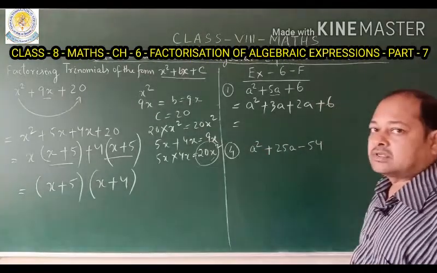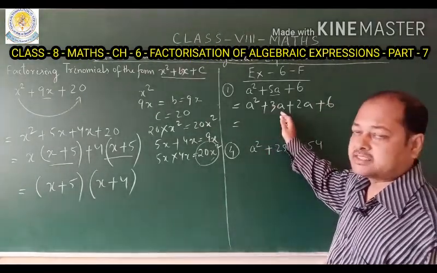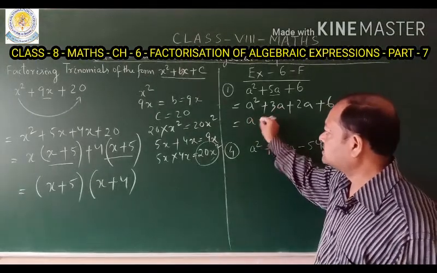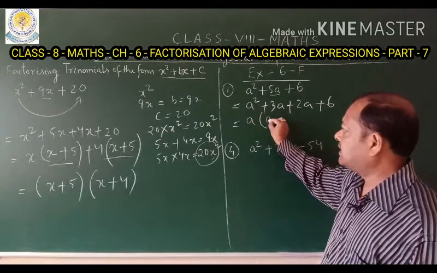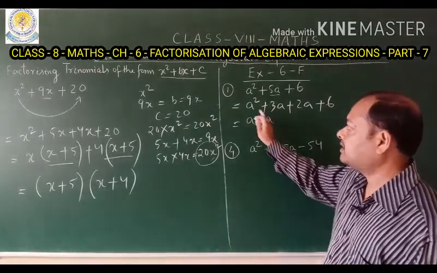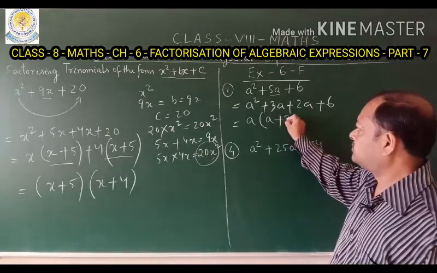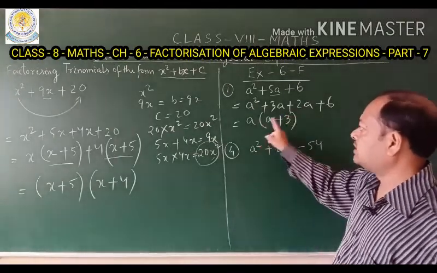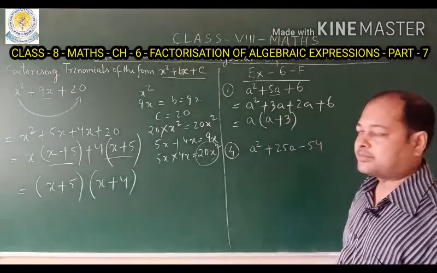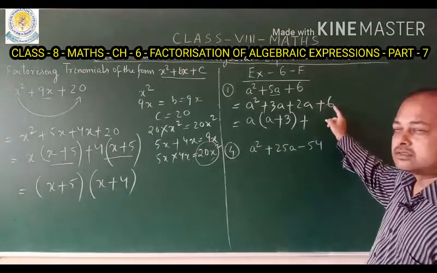Now write down the common factors. In a square and 3a, what is common? That is a. If a is taken out, a is left from a square, because a into a is a square, plus if a is common, what is left is 3, because a into 3 is 3a. Plus from 2a and 6, what is common?